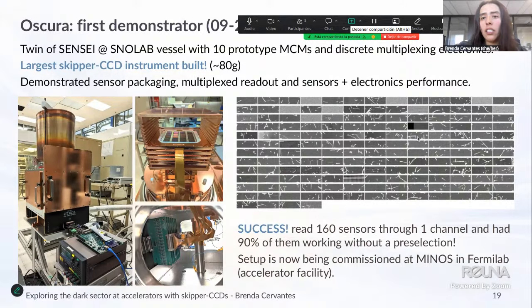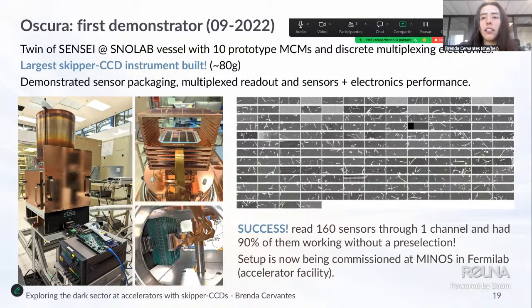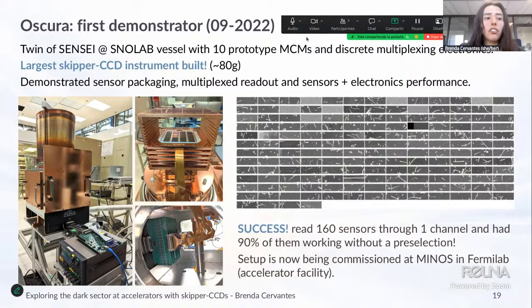In 2022, we put together the first demonstrator for Oscura, which is this vessel that actually looks like the Sensei at SNOLAB vessel, but we repurposed this vessel to hold 10 prototype Oscura MCMs and test a discrete version of the multiplexing electronics.